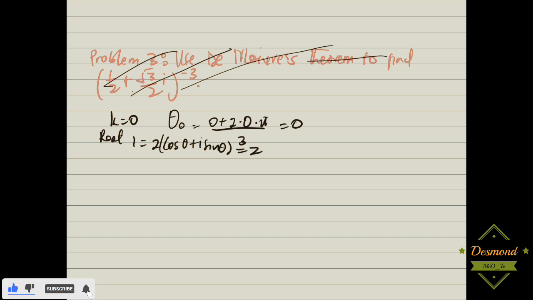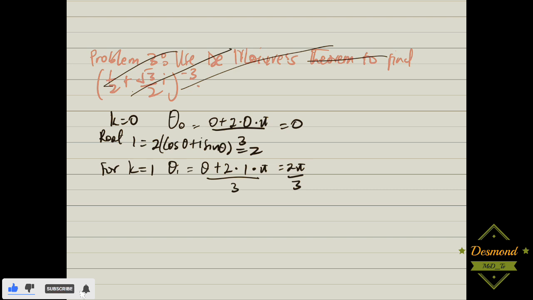Very simple. Now for k equal to 1, that's the argument, we have theta 1 equal to 0 plus 2 multiplied by 1 multiplied by pi, all on 3, and here we should get 2 pi on 3.